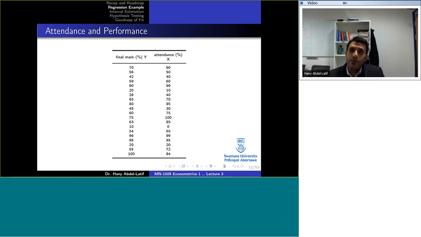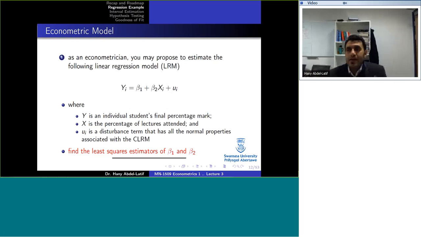So here's the data we have, and now we're trying to estimate this model. The model is Y, the final mark, equals beta 1, the intercept, plus beta 2, the slope parameter, times Xi, the independent variable, which is the percentage of lectures attended, plus an error term.